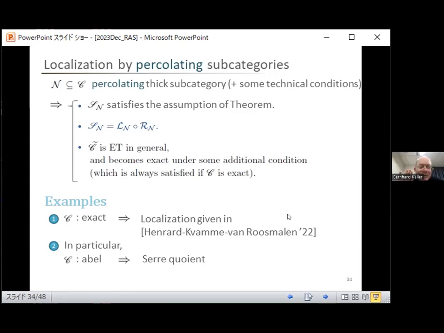May I ask a question? Also about an example. For example, let's take the category of complexes over an abelian category, say with the component-wise split exact structure, and we want to localize with respect to quasi-isomorphisms.